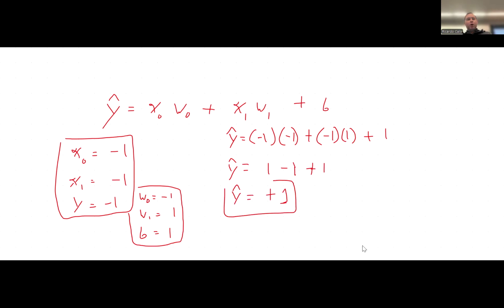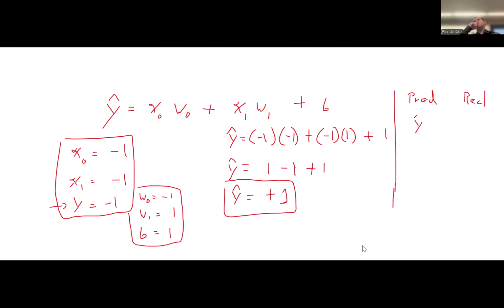Okay, that's the predicted value. We know that the real value is actually -1. That's this one, right? That's the real label, if you will. We have the predicted and the real label. So predicted is y hat, real is just y.